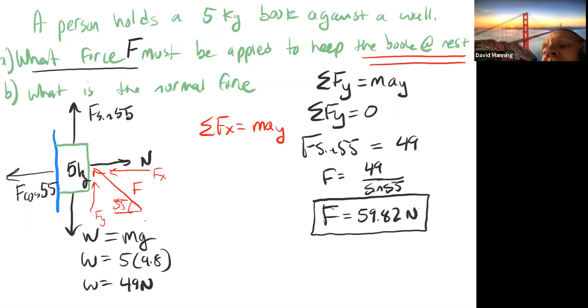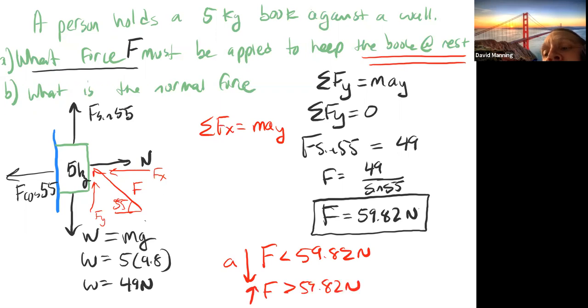So if you're applying a force less than 59.82 newtons, the acceleration is downward. If your force is greater than 59.82 newtons, you have an upward acceleration.